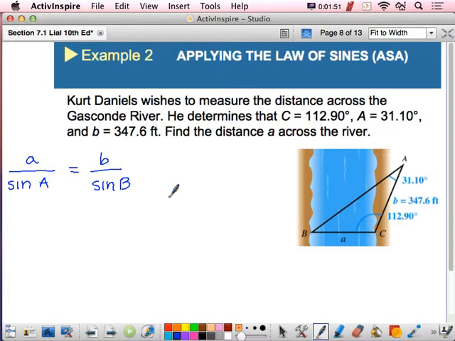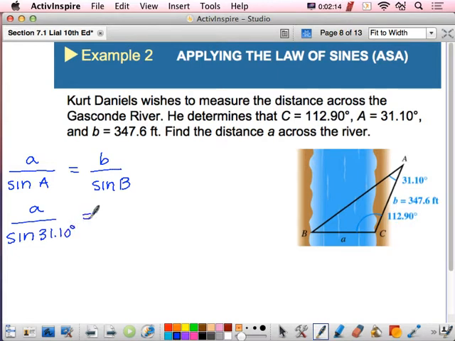How many of those values were given? 1. Okay. All right. I was given a, right? So I know that I have a over sine of 31.10 degrees.